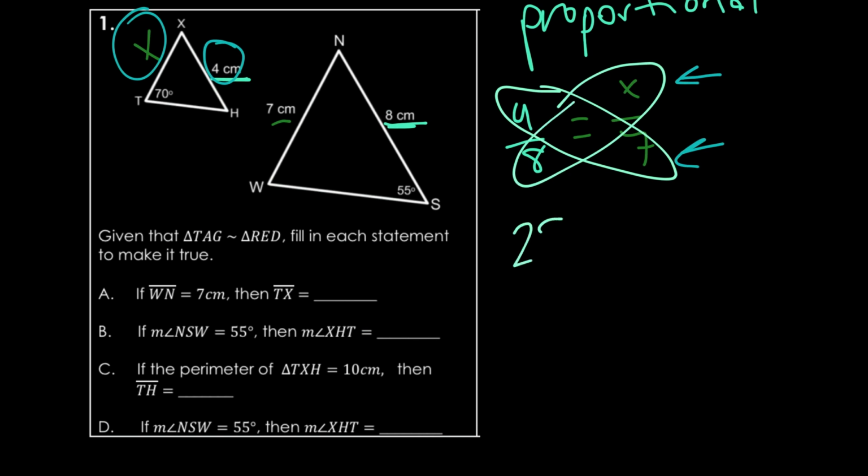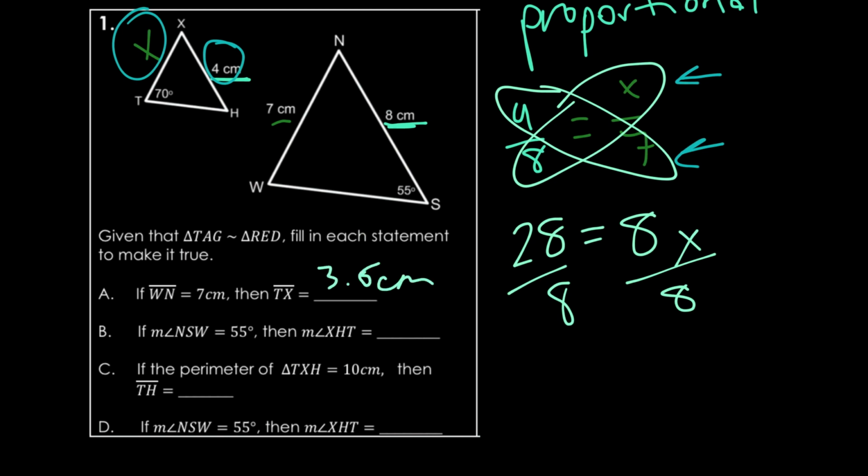So 4 times 7 is 28. 8 times x is 8x. I divide out my 8, and so we get x equals 3.5 centimeters.